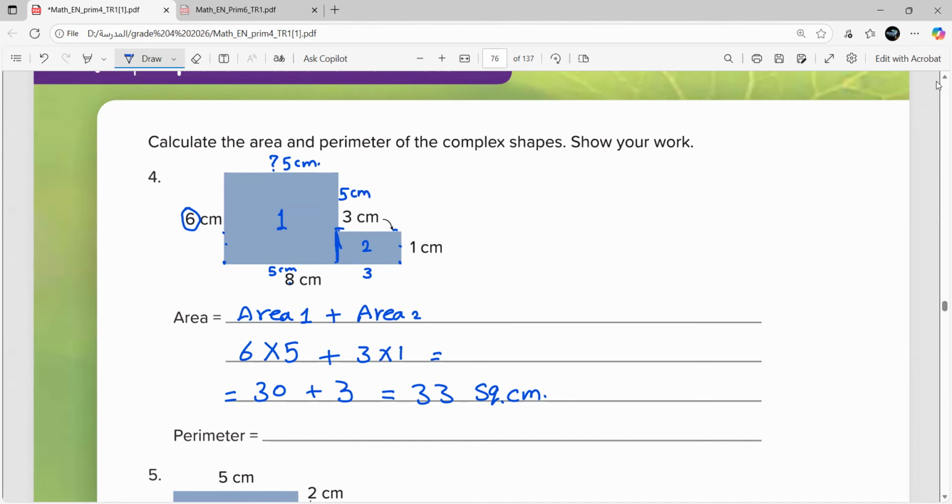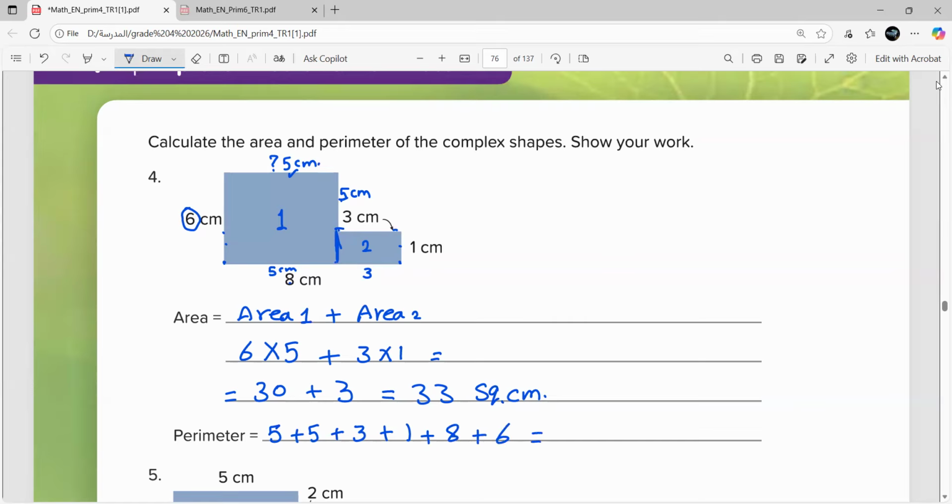Now we know all the sides of the complex shape. Let's add them together. This is 5 plus 5 plus 3 plus 1 plus, what about this? Take 8 one time. 8 plus 6.